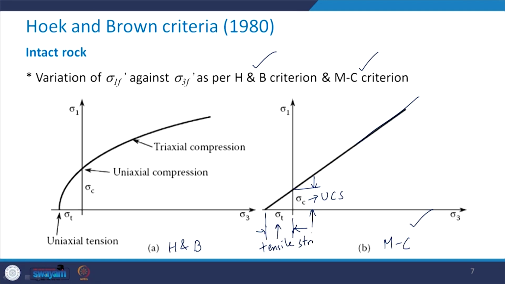But in case of the Hoek and Brown criterion, this is how the variation is going to be. In this case, it is not a straight line, as you can see. It is a kind of parabolic variation.